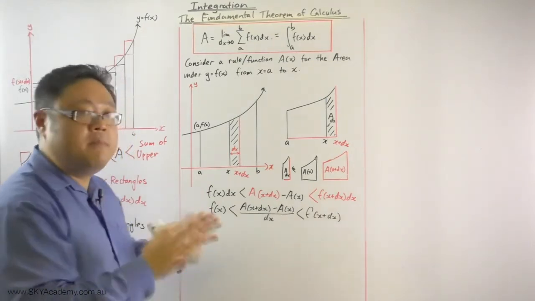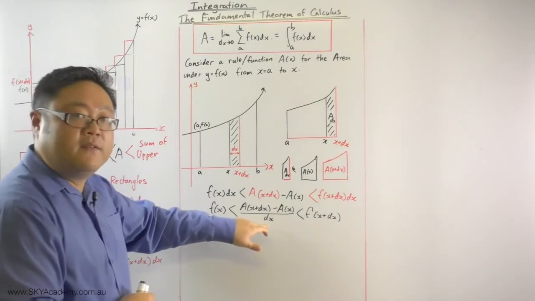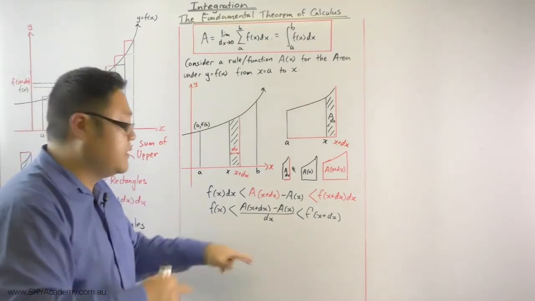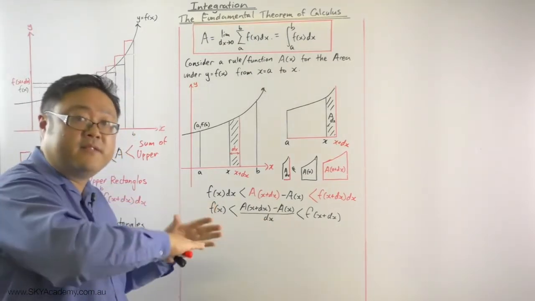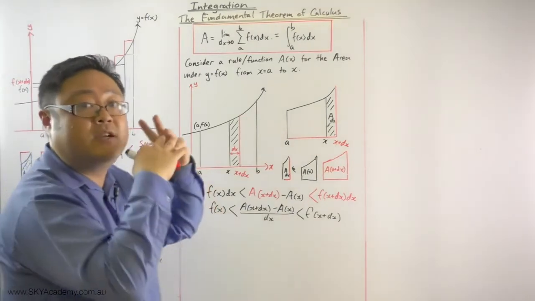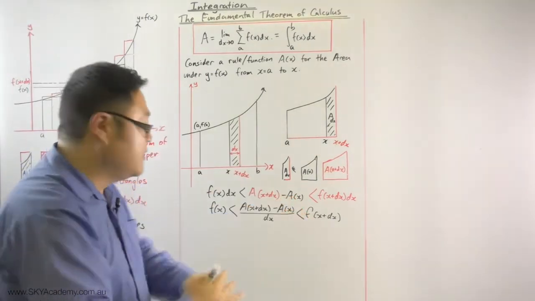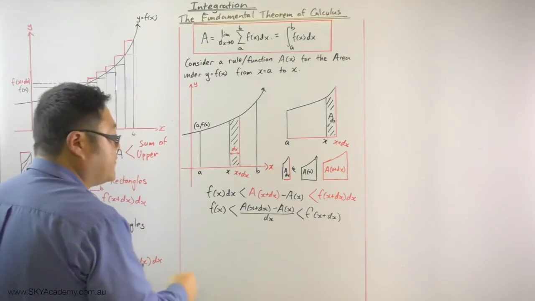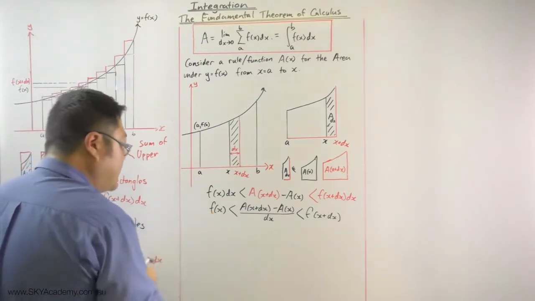Now, do you remember what the limit of dx was? What was the limit of dx? The limit of dx was dx approaching 0, yes? So that's what we're going to be doing, right? Now, let's do this.